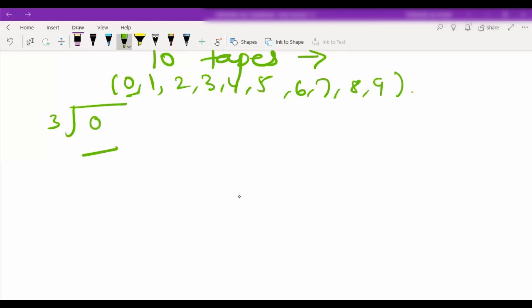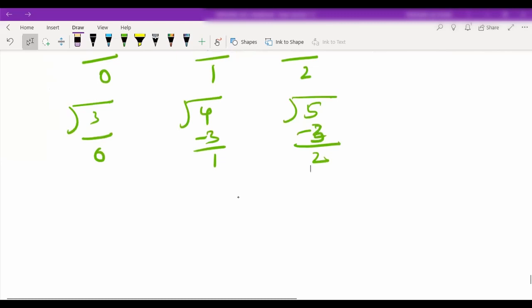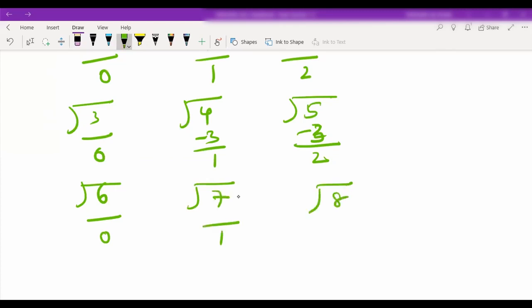When 0 is divided by 3, the remainder is 0. When 1 is divided by 3, the remainder is 1. When 2 is divided by 3, the remainder is 2. 3 divided by 3 gives remainder 0. 4 gives remainder 1. 5 gives remainder 2. 6 gives remainder 0. 7 gives remainder 1. 8 gives remainder 2. 9 gives remainder 0.